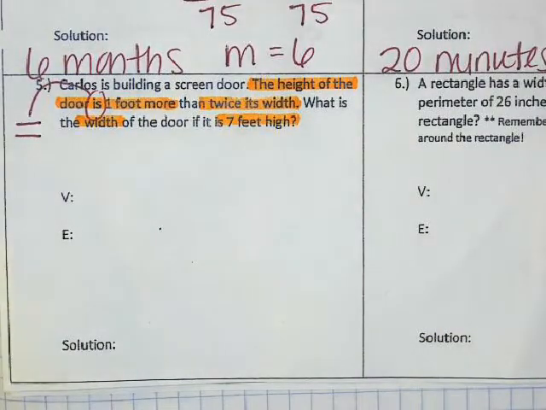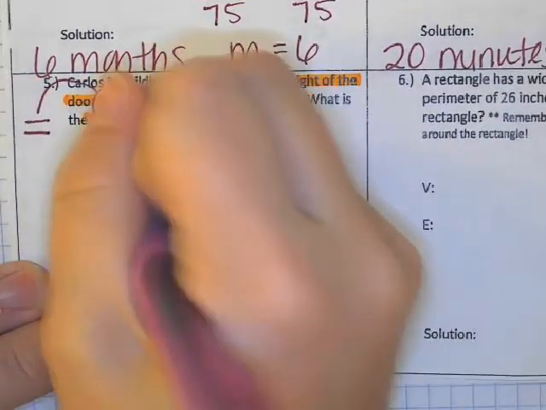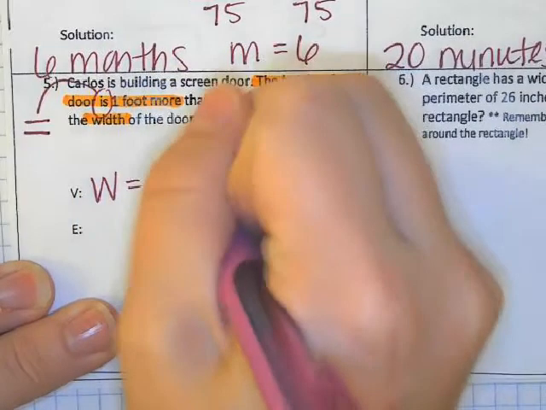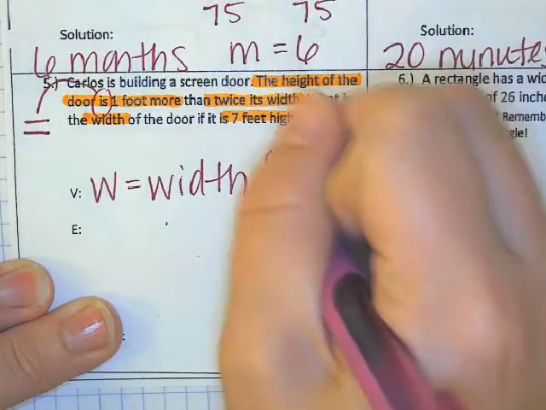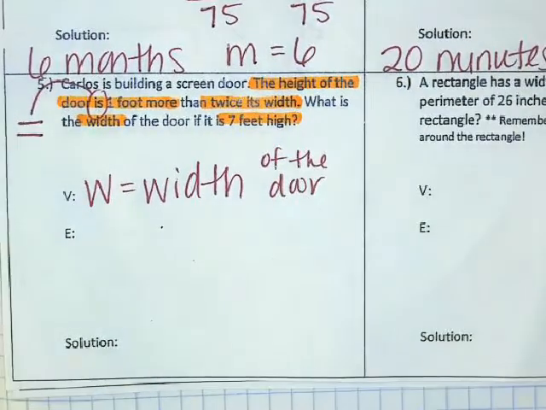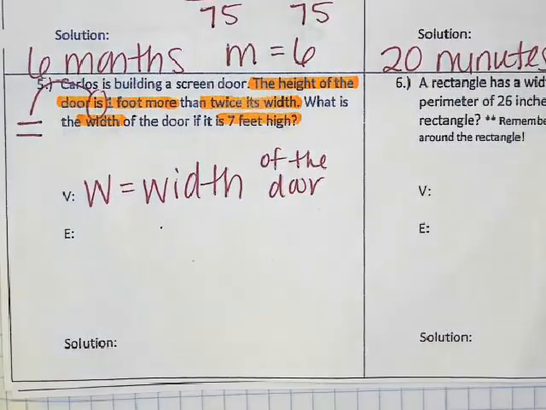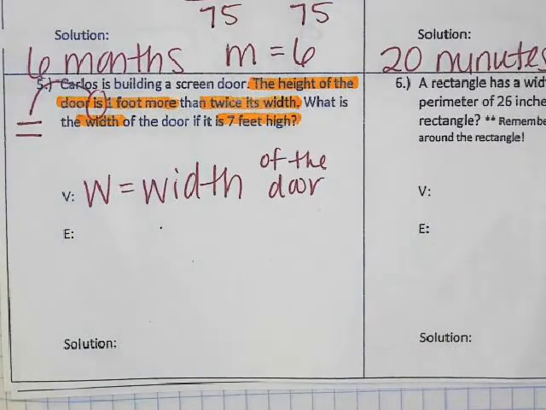Knowing this, I'm going to have my variable W equal the width. And you can write width of the door. When I'm starting my equation, this is pretty tough because we're trying to figure out how wide is the door if it is 7 feet high.